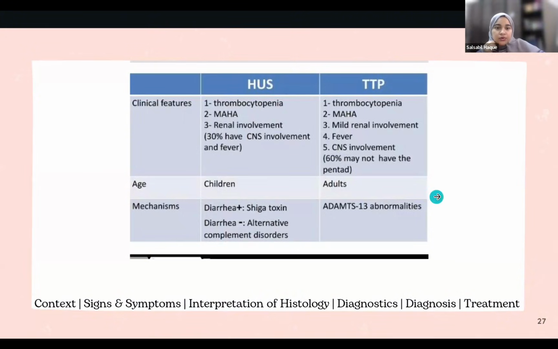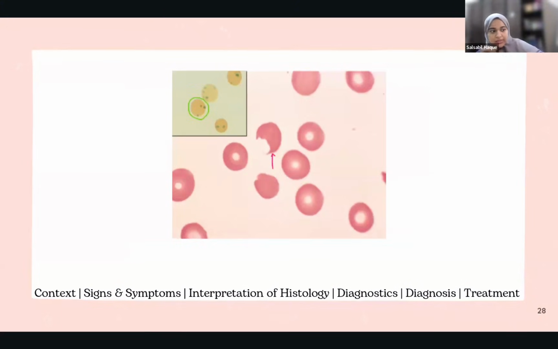So now, what are we seeing here? This is very classic. G6PD. Yep, a G6PD deficiency, in other words. What do you see here? These are bite cells, and what are these?